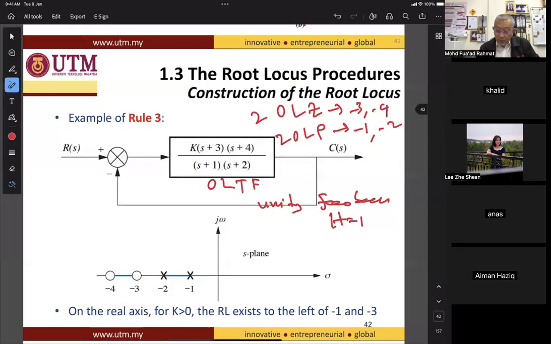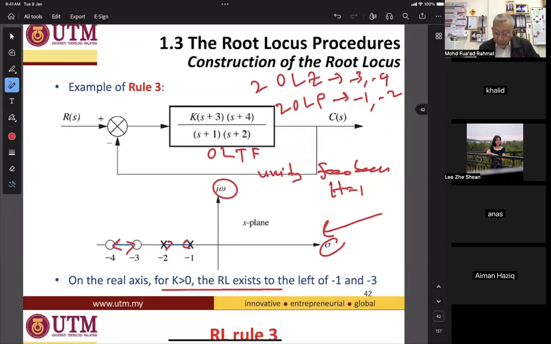We plot on the S-plane, imaginary versus real, and we find there is a locus on the real axis. You can see there is a root locus on the real axis for k greater than 0, to the left of -1 and -3.